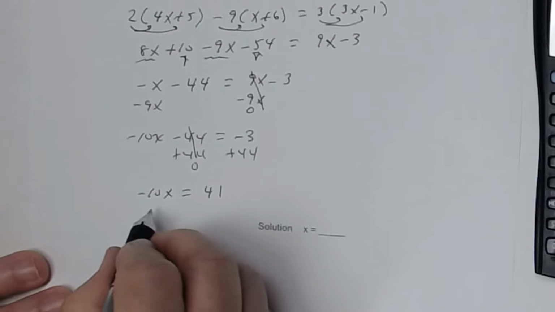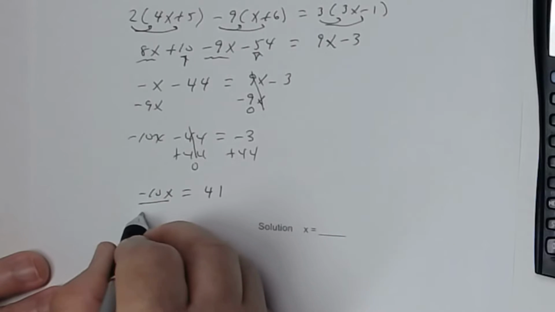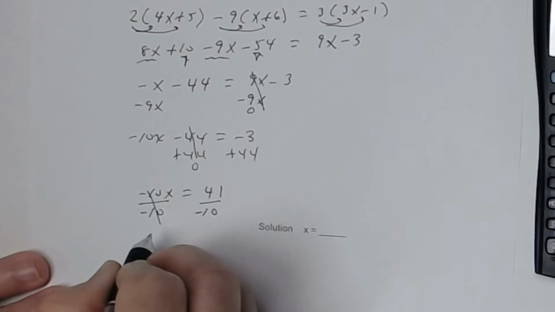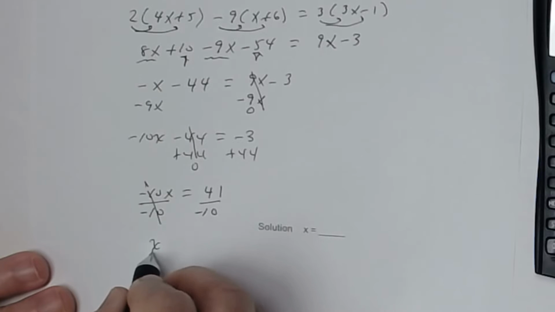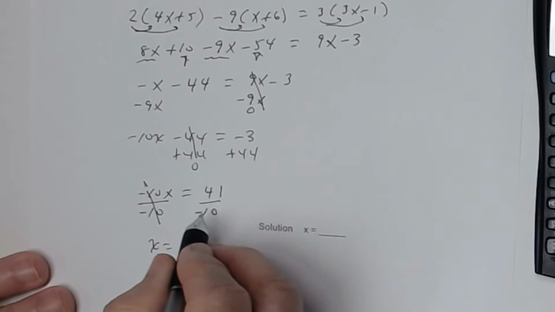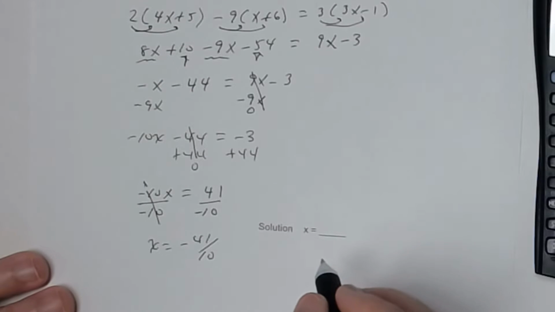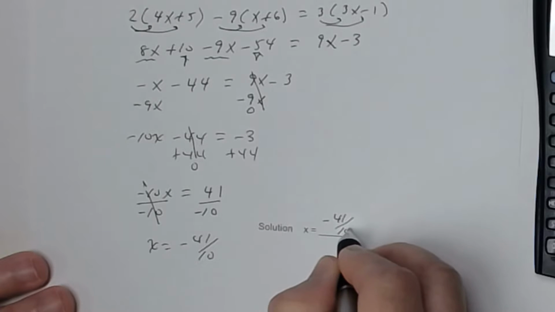And at that point, multiplying x by negative 10, the opposite is to divide both sides by negative 10. Negative 10 divided by negative 10 is 1. 1 times x is x. And so I get, and this is reduced, negative 41 tenths. And that's what most students will write, negative 41 tenths.